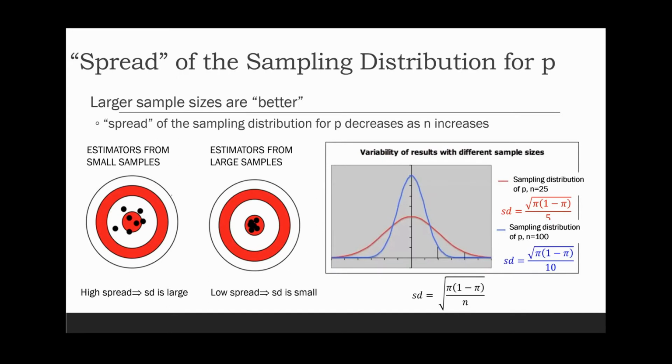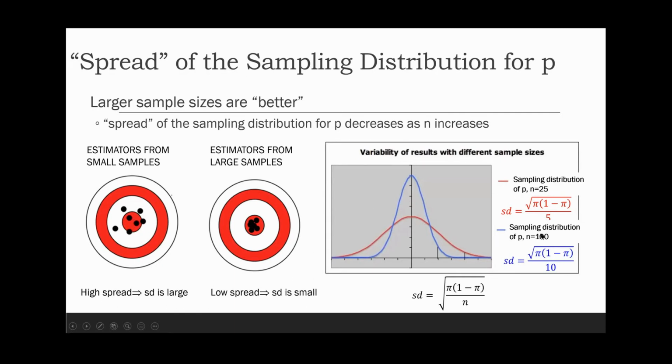This is a really quick example to illustrate this. This is the population of sample percentages taken with two different sample sizes. When n is 25, the population of sample estimates is more spread out, just like here.